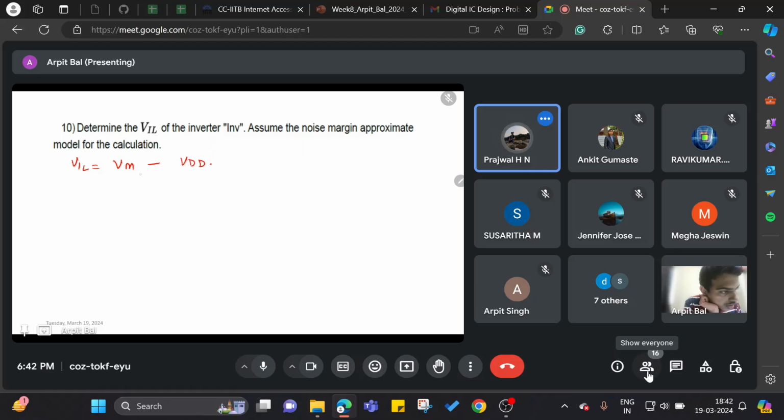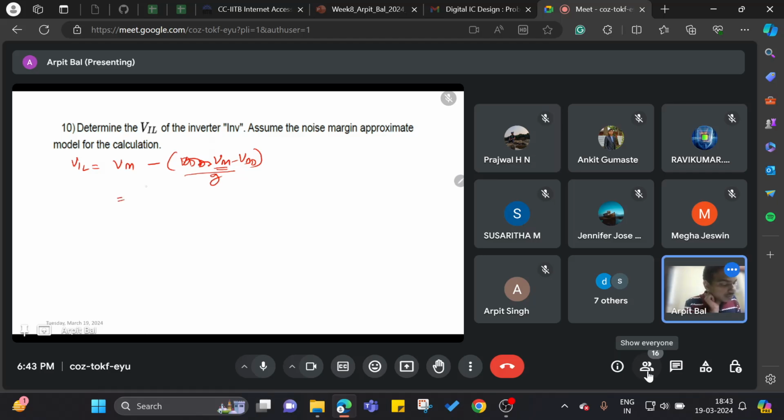Sorry, what was the equation that you were mentioning? Can you repeat once again? VM minus in bracket VM minus VDD, divided by G. Oh, okay. So if you take minus out, yeah, divided by G. Yeah, this is correct.